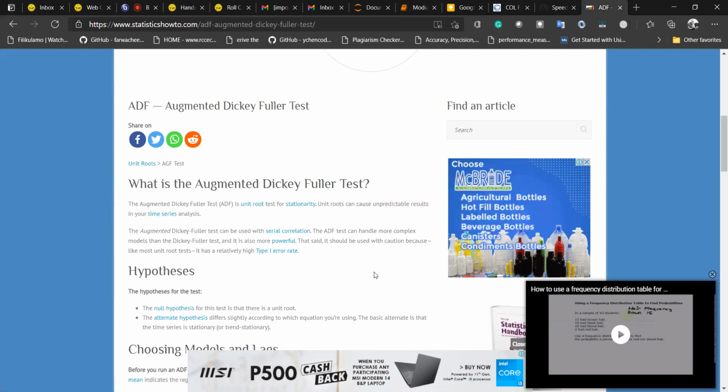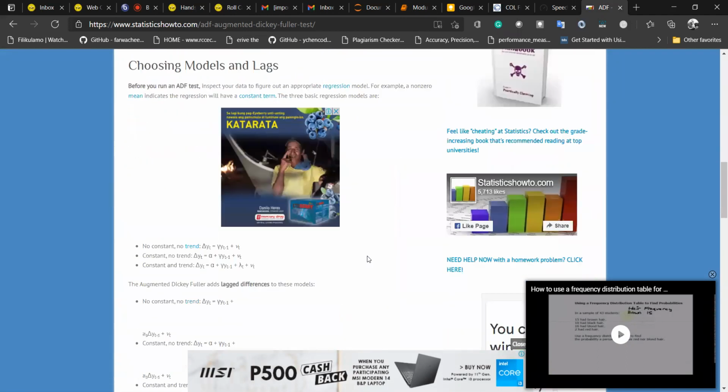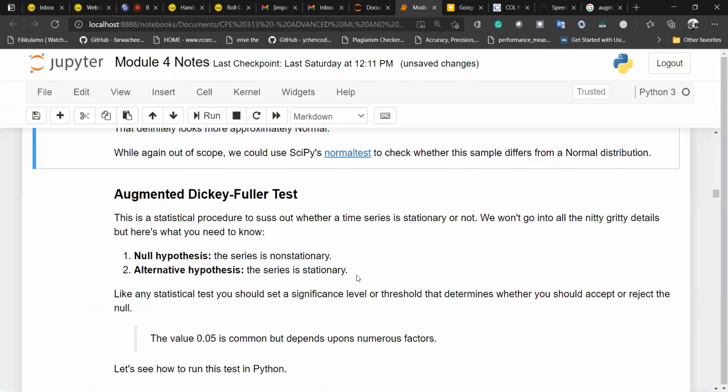ADF ang abbreviation nitong augmented Dickey-Fuller test, and it can handle more complex models because this one is augmented. Sabi nga natin, it's different from the other formula. And this is used to test the null hypothesis that a unit root is present in a time series. So basically, ang mini-measure dito is the stationarity.